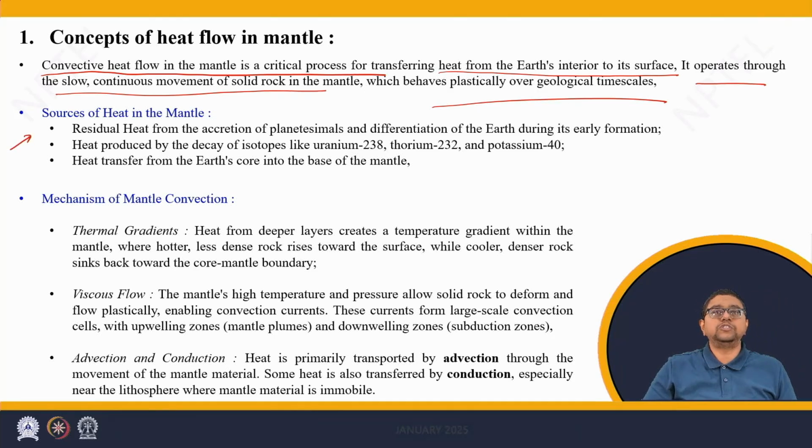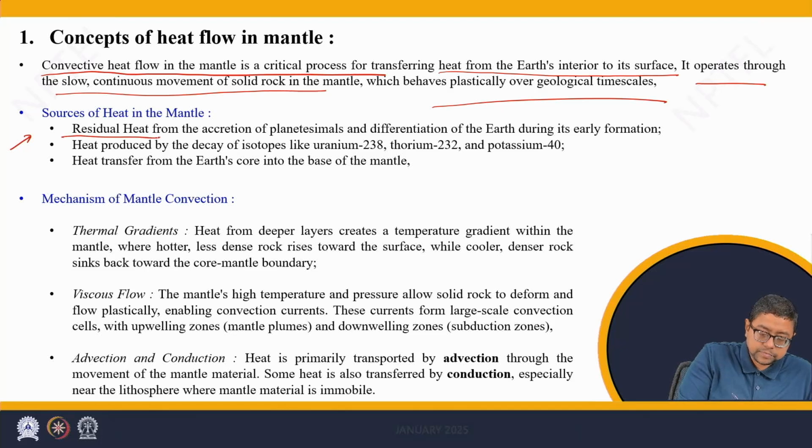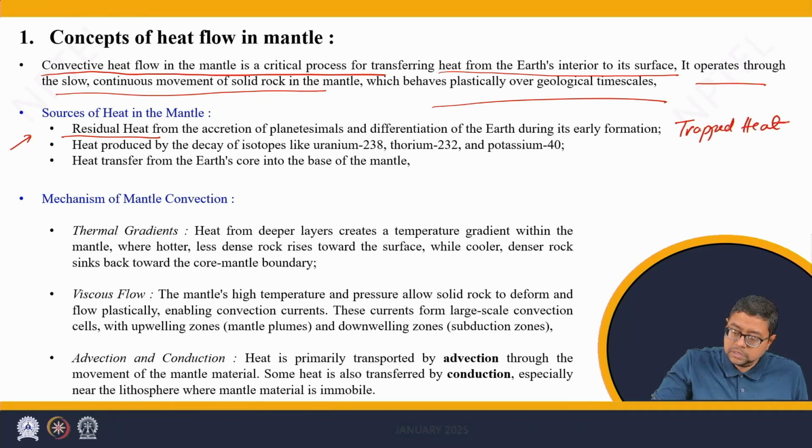Next, we look into the sources of the heat which is there in the mantle. There are 3 sources of heat in the mantle. First, the residual heat from the accretion of planetesimals and differentiation of the Earth during its early formation. This is the trapped heat. Next, the heat which is produced by the decay of radioactive isotopes such as uranium, thorium and potassium-40.